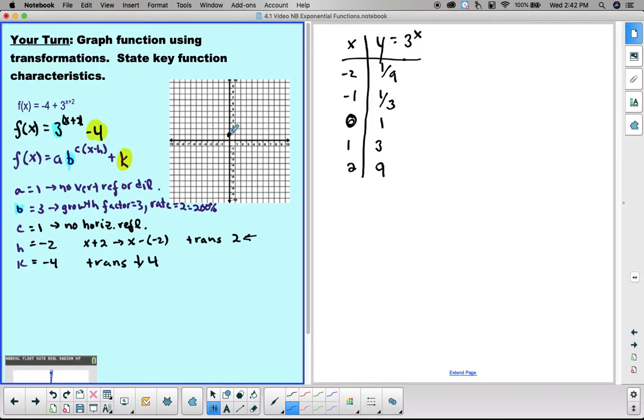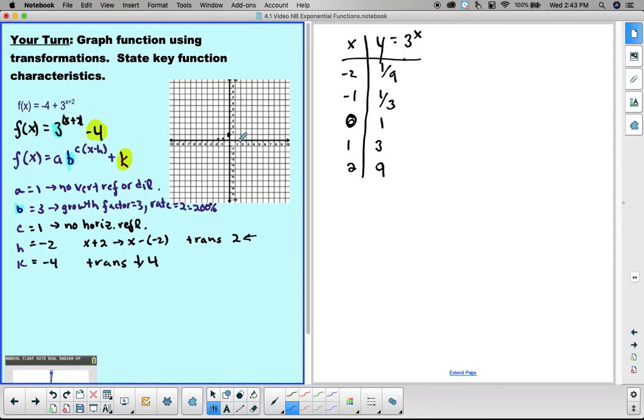0 up 1, and then I have some very small values over here, and then I go over 1 up 3. So the first thing I'm graphing is my parent function, which is going to be 3 to the x. It's just the base, whatever base I have, to the power of x.